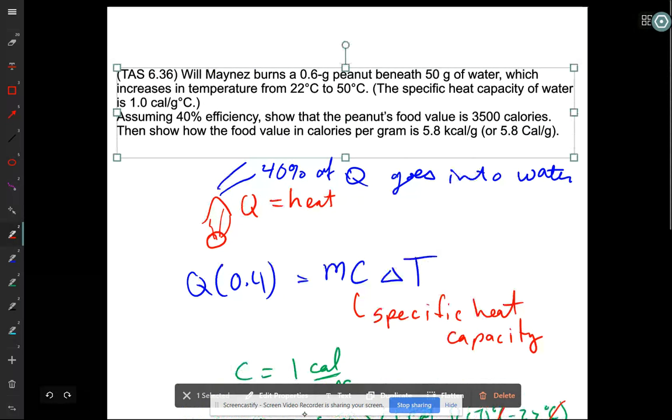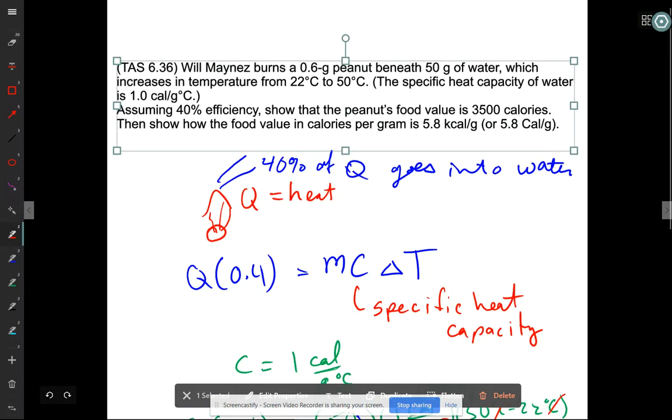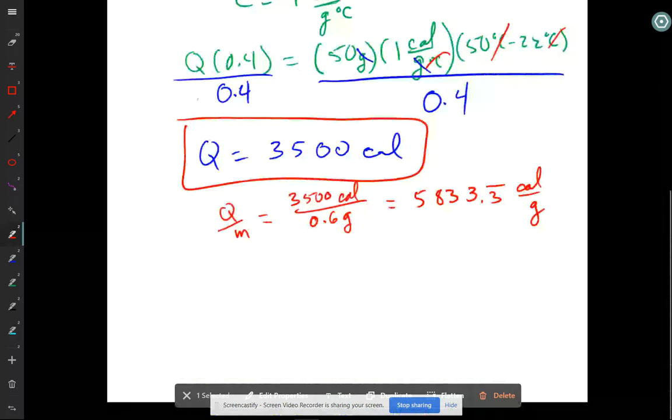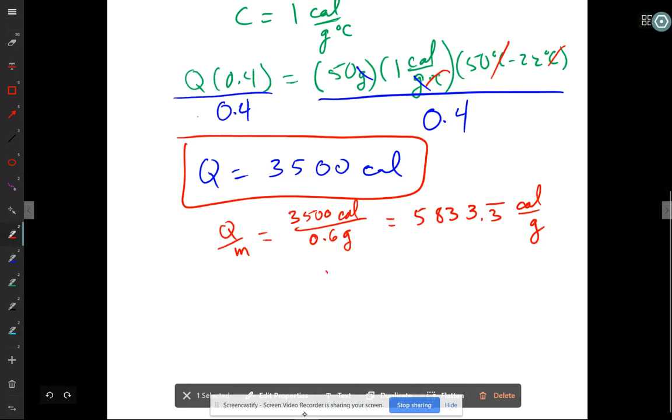Notice the units up here aren't calories per gram. They're kilocalories per gram or dietary calories per gram, because a dietary calorie is a kilocalorie. So 1 kilocalorie is equal to 1,000 calories. So I just take that number and divide by 1,000 to get it into kilocalories per gram.